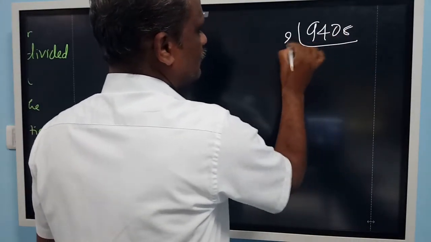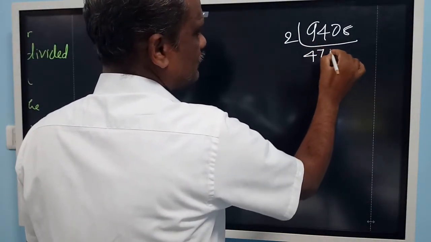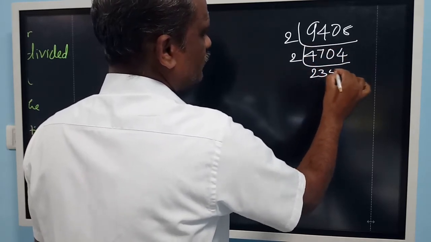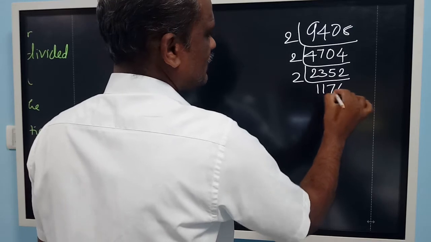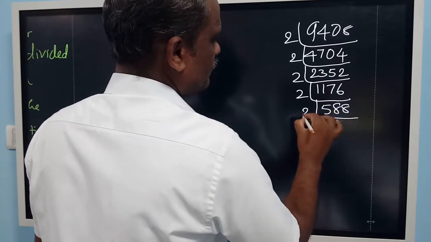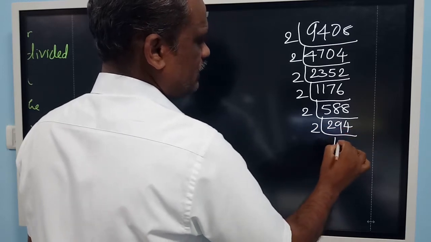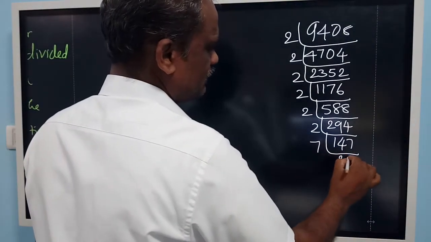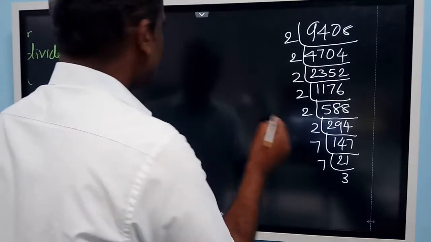Take the smallest prime number and divide by 2: 9408 divided by 2 is 4704, again by 2 is 2352, again by 2 is 1176, again by 2 is 588, again by 2 is 294, again by 2 is 147. Then 147 divided by 7 is 21, and 21 divided by 7 is 3. So you get the factors like this.